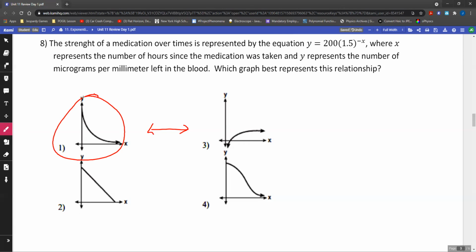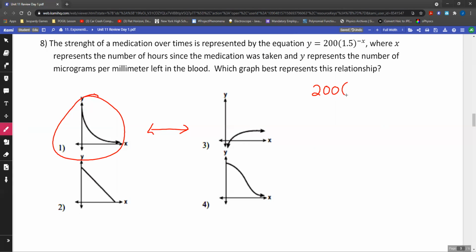Pay attention, because if you use the graphing calculator, you might have to make sure that you go to the proper scale. Yeah, so one way that you can realize this is if you rewrite this equation so that it has a positive exponent.